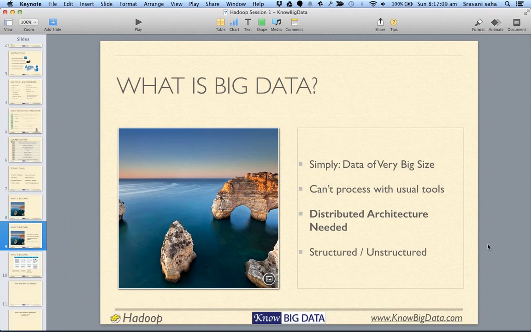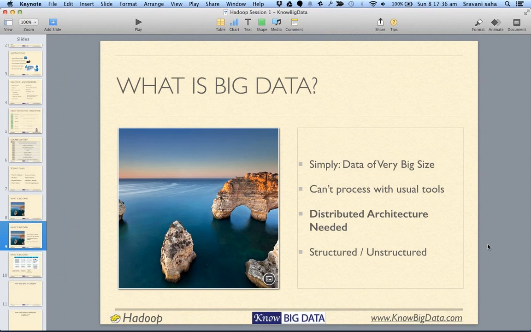Whenever we talk about big data, we generally talk about something more important than the size. When you define big data, you usually say it is data of very big size that you cannot process with usual tools, and this data could be structured, unstructured, or semi-structured.